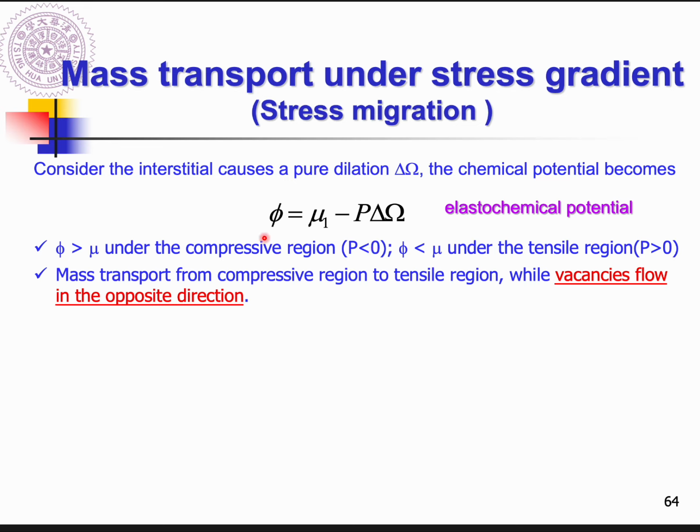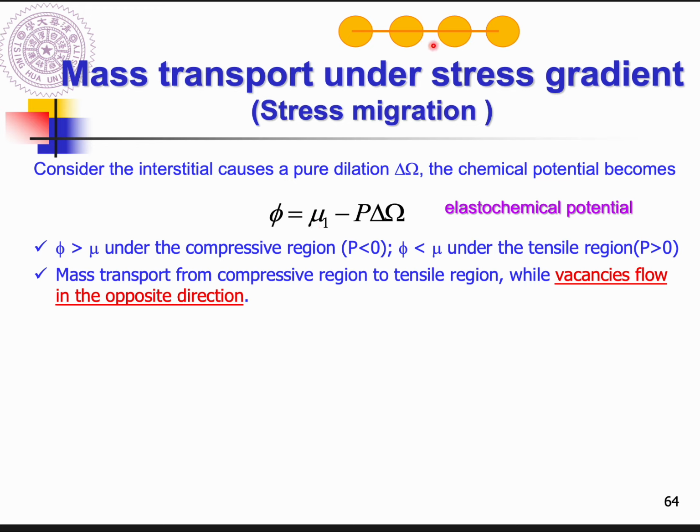So in order to formulate this, I'm giving you an example here. Before there's a stress field presented in your material, the chemical potential for atom A will equal mu1.